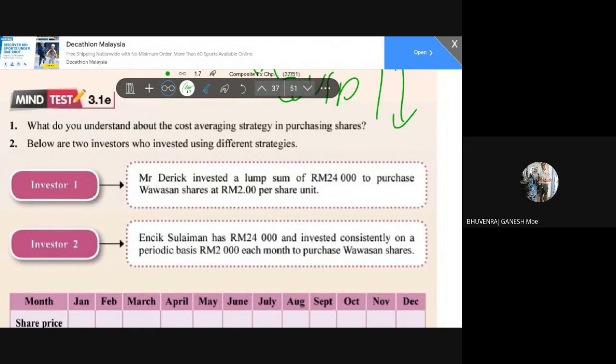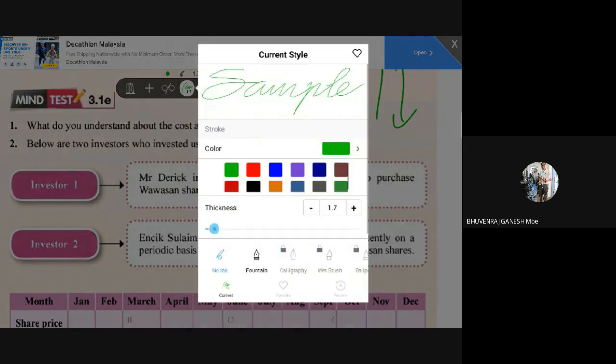So what do you understand about cost averaging strategy? We just talked about it.